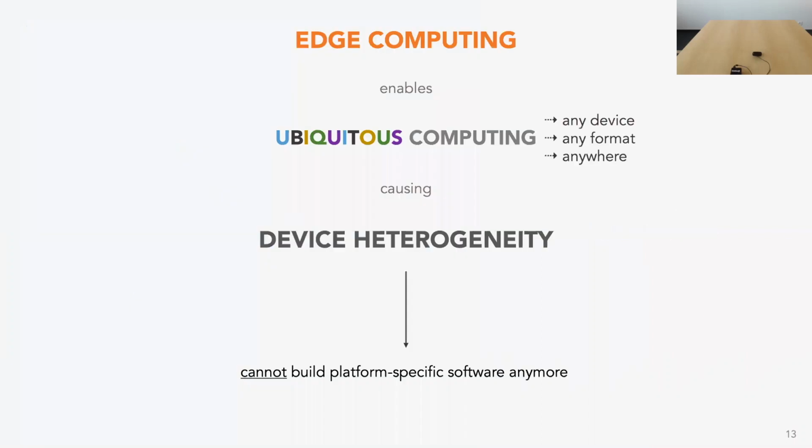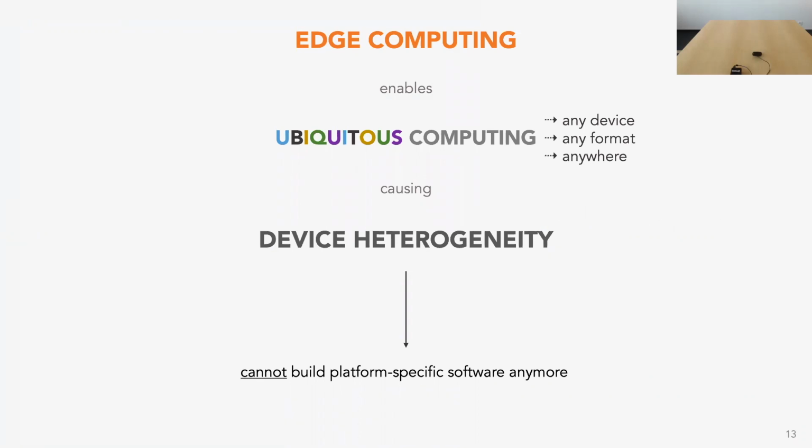And when we think about it and we start to employ edge computing, we have to think about this concept that I've mentioned at the beginning, this ubiquitous computing, or UbiComp. Basically, it's any device, any format, anywhere, which means we have to start handling device heterogeneity. We will have all sorts of computing power. We'll have all sorts of devices that can process our data.